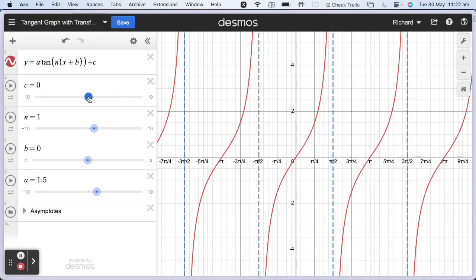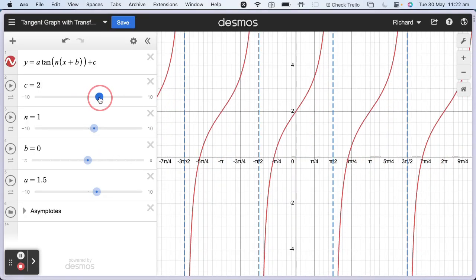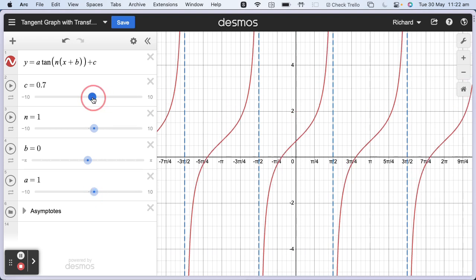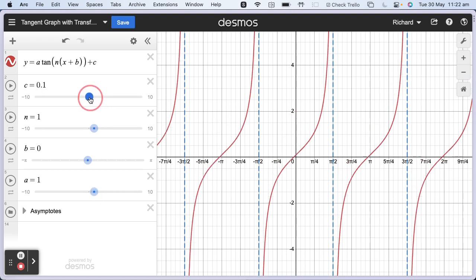If I make c bigger here, I'll just go to c equals 2. Can you sort of see? I'll just do it again. Watch the center of the graph. So the center of the graph is at pi here. Watch that center.